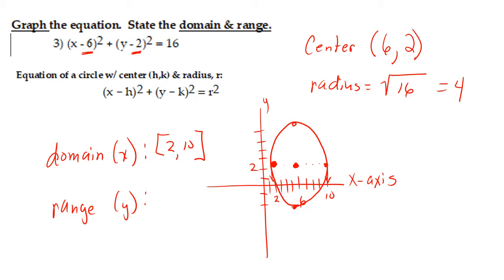Then use the y-axis as a measuring stick to measure the height of this circle. The lowest point of the circle corresponds to -2, and then the highest point of this circle will correspond to 6. So my range would be [-2, 6].